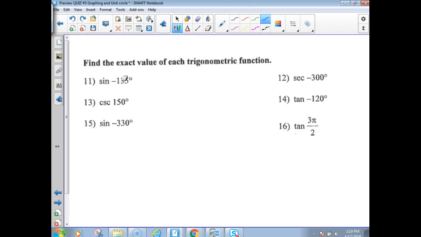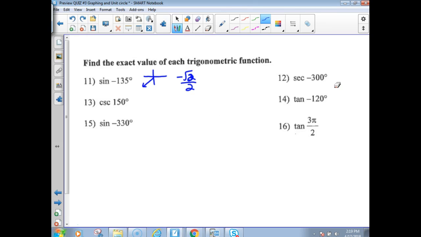The sine of negative 135 would be here. The sign is negative in quadrant 3, so this would be negative square root of 2 over 2. Any more needed on 11?